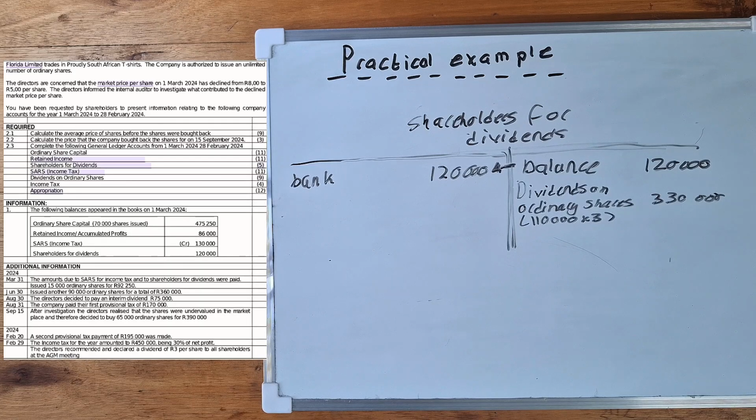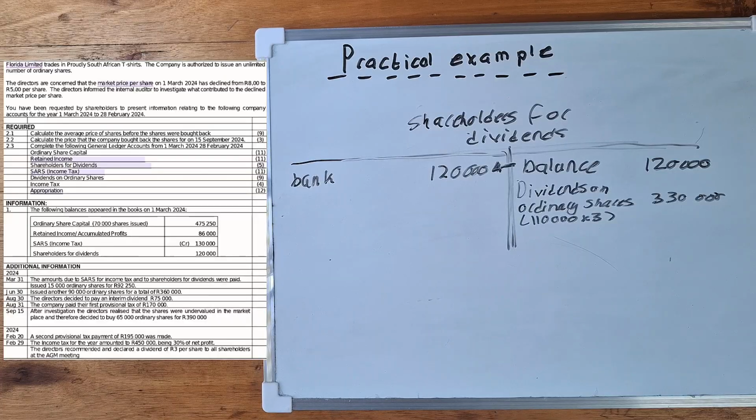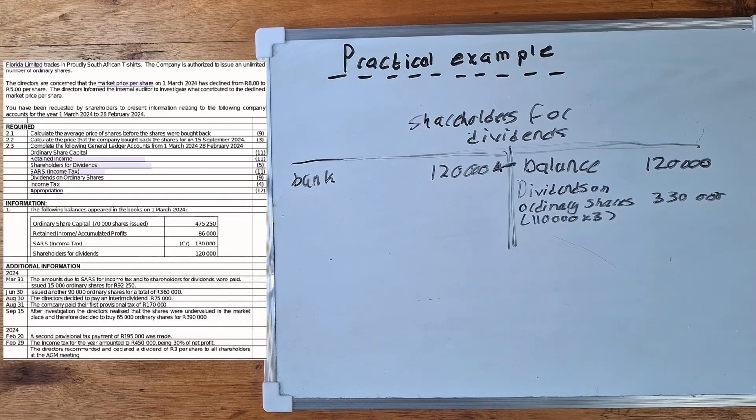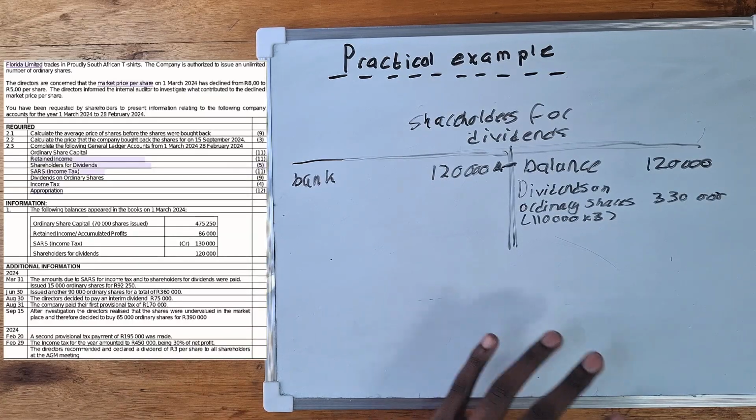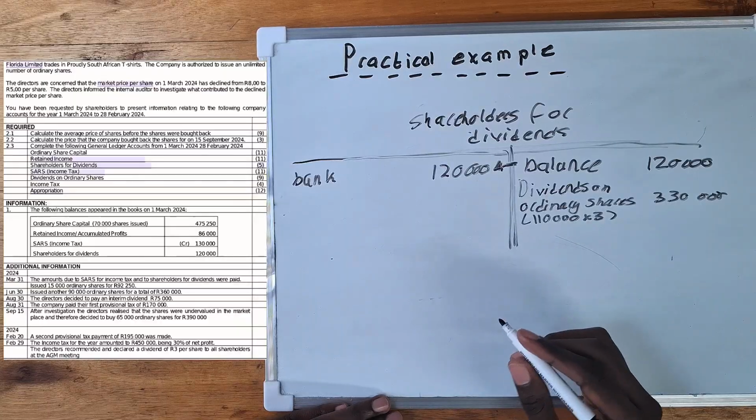So this means that we can move on for time purposes. So with that being said, let us now move on to the next one, which is the dividends on ordinary shares, in order to make it easier to understand on the same page.